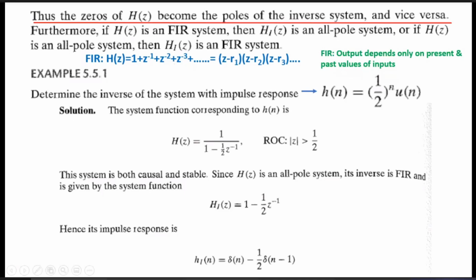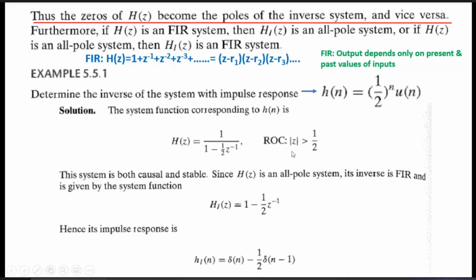Its z transform resembles that of a to the power n u[n], so it will be 1 by 1 minus a z inverse. In place of a, we write half, so 1 by 1 minus half z inverse. Since it is a causal sequence, its ROC would be the exterior of a circle of radius a.